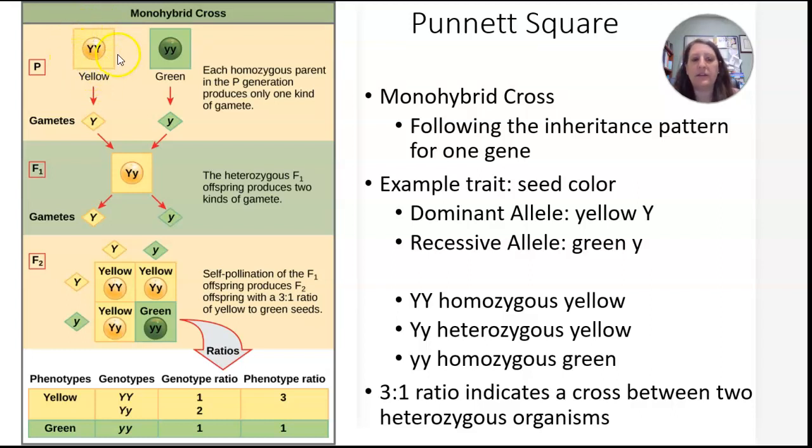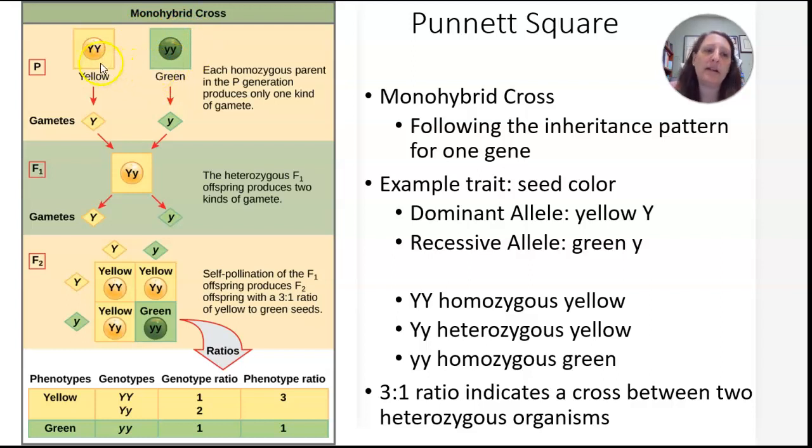So this plant is homozygous dominant for color, big Y would be the genotype, and the phenotype is yellow seeds. This parent, on the other hand, is also true breeding, still homozygous, but homozygous recessive. Again, the phenotype will be green seeds, and the genotype would be little y.